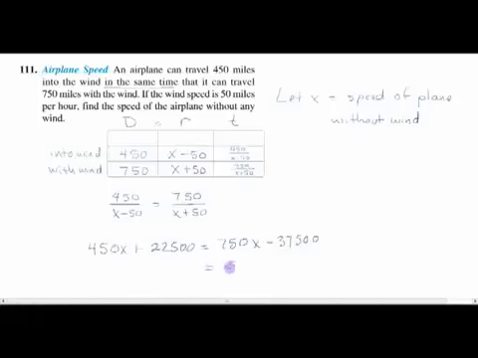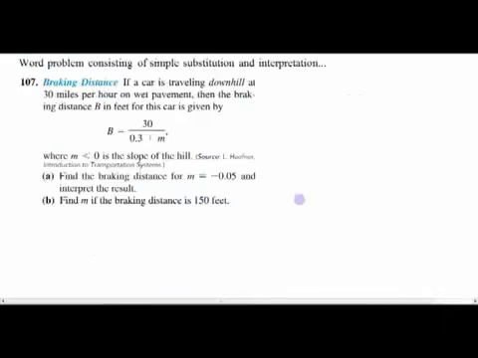This gives me a 300x on the right, and on the left I'll add 37,500. This gives me 60,000. Now when I divide by 300, I'll have 200. So the speed of my plane without the wind is 200 miles per hour.